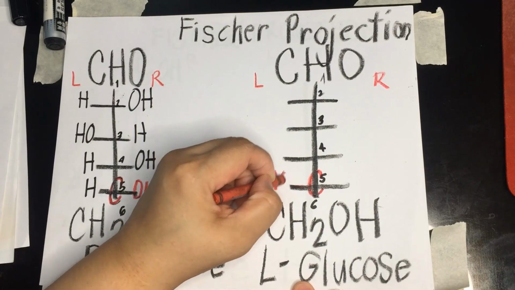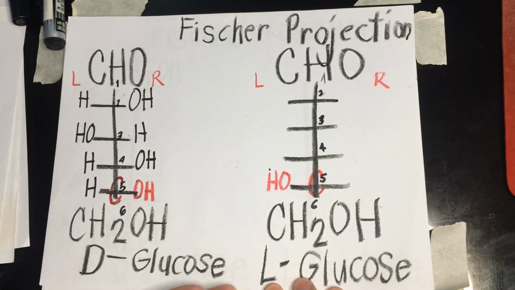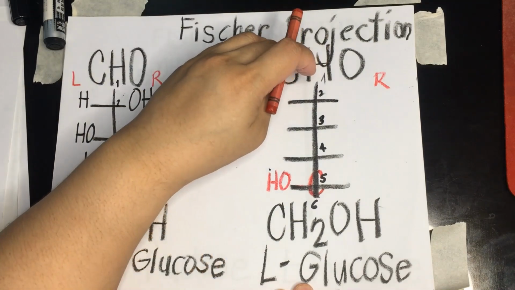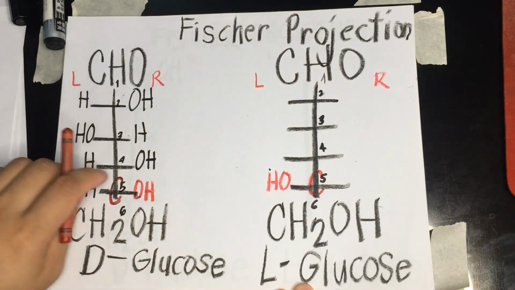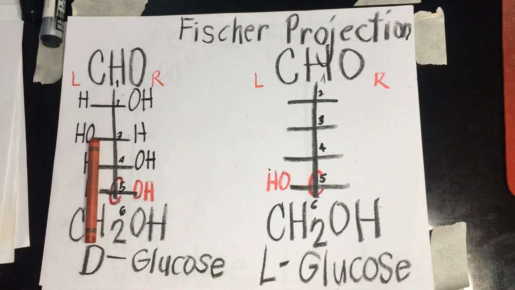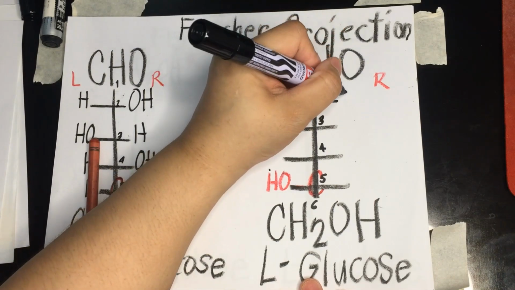Since it is in L configuration, levorotatory. Then we are going to complete the structures. Carbon number 1 is an aldehyde group. Next, we are going to complete the structures. Same like what we did a while ago.